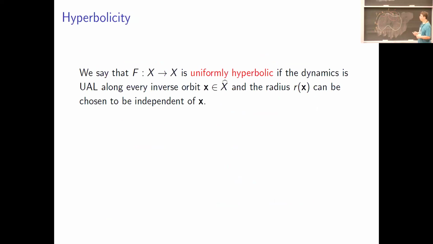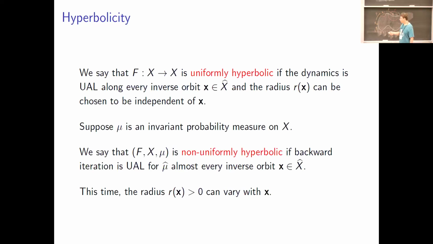So now we come to a very familiar definition. We say that the dynamical system is uniformly hyperbolic if the dynamics is UAL along every inverse orbit, and the radius R, the radius of this ball, can be chosen to be independent of the inverse orbit. So this is a very standard definition. Now, suppose X carries a natural measure, mu.